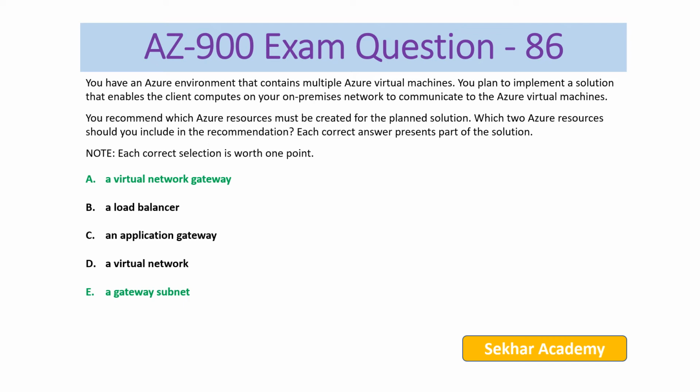So a virtual network gateway is composed of two or more virtual machines that are deployed to a specific subnet you create called a gateway subnet. Virtual network gateway virtual machines contain routing tables and run specific gateway services. So these VMs are created when you create the virtual network gateway. So the right answers are A and E.